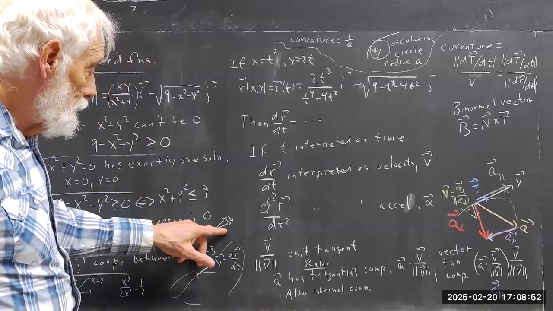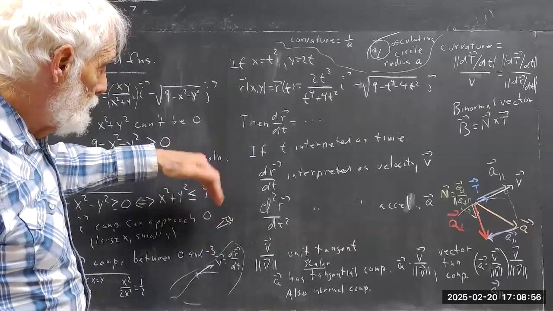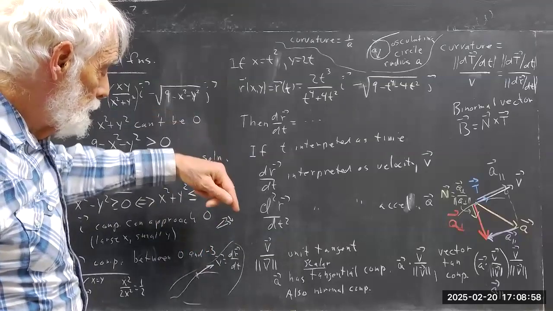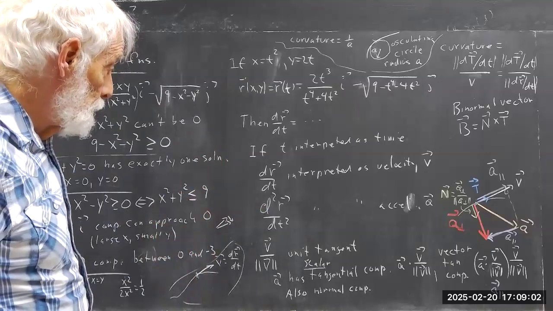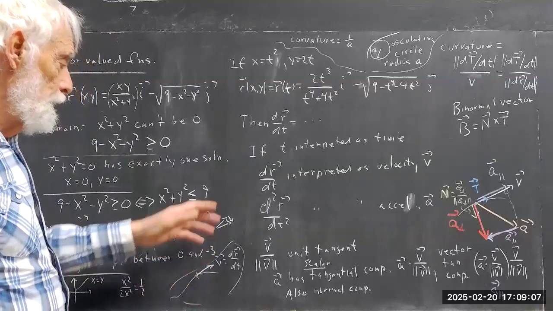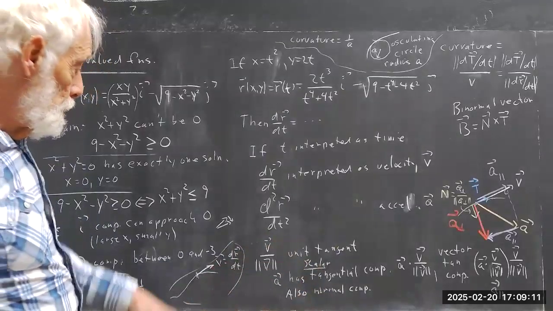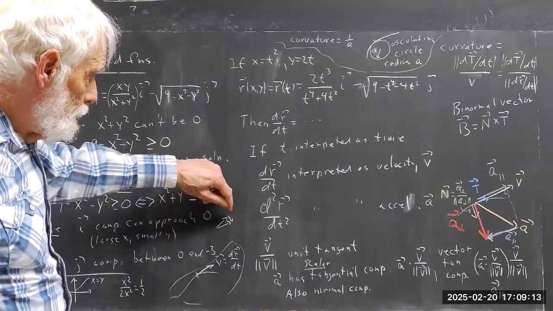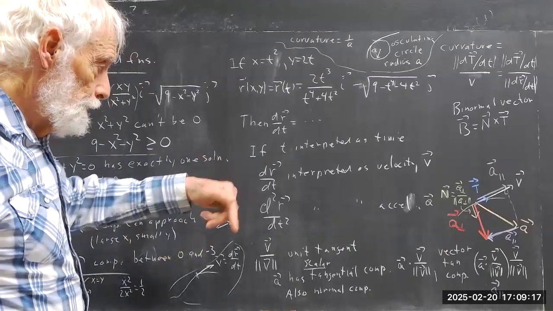Now, the second vector could be longer or shorter than the first. Our change doesn't necessarily have to be in a perpendicular direction to our original vector. It could be out this way or back this way. If we're moving at constant speed, though, we form an isosceles triangle. We take limits as our time interval approaches zero, and we find that the vector here in the limit will be perpendicular to our velocity.